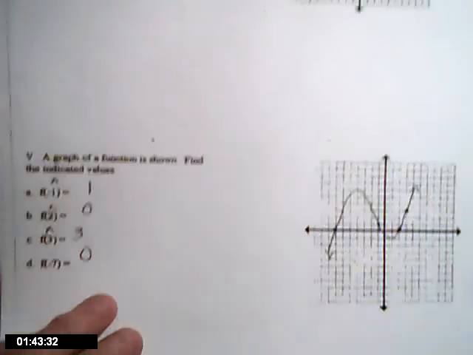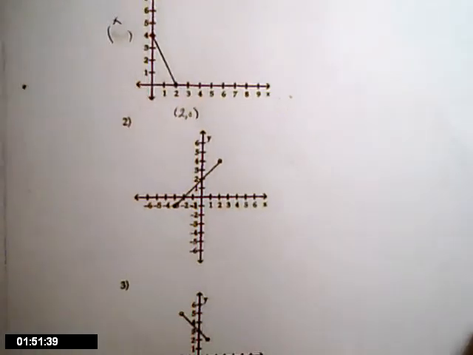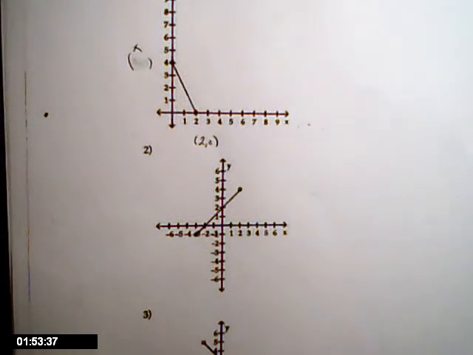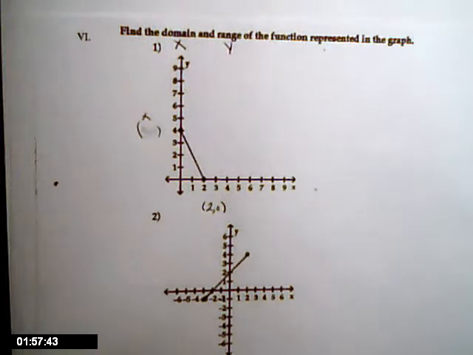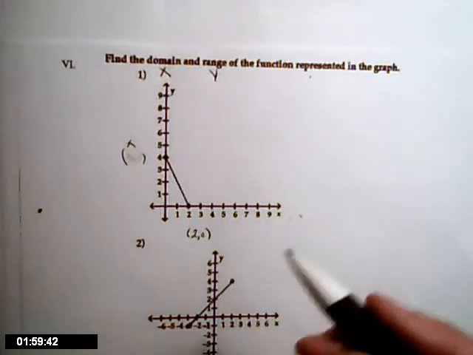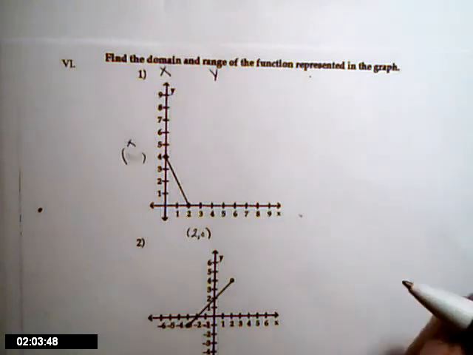Okay, in the next problems, we are given graphs, and we're asked to look for domain and range. Now, remember, domain is x, range is y, domain is a right-left movement, range is an up and down movement.